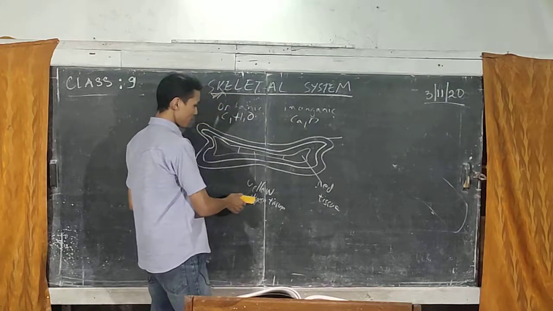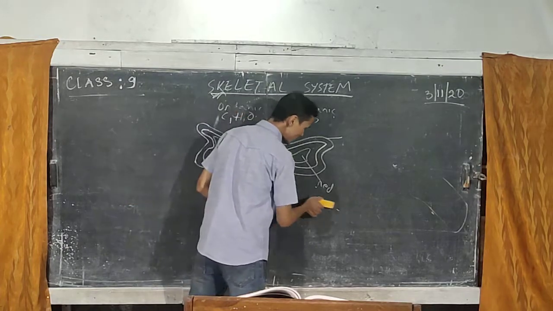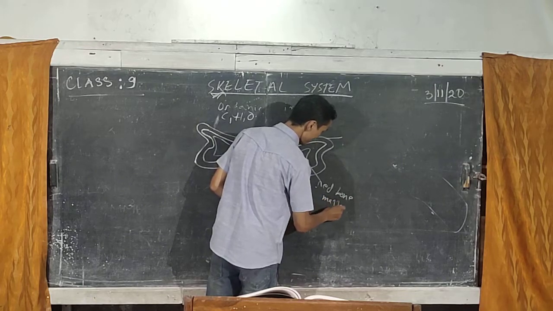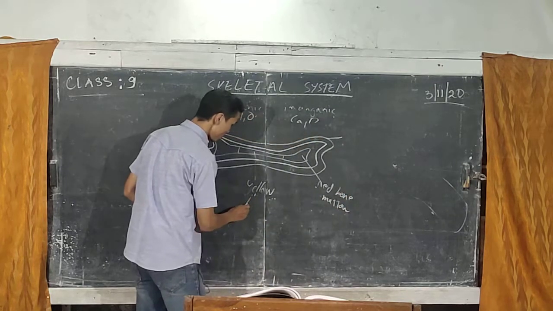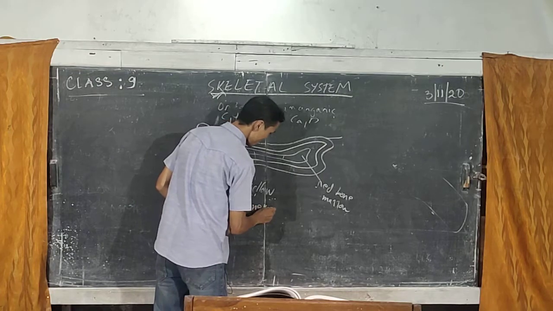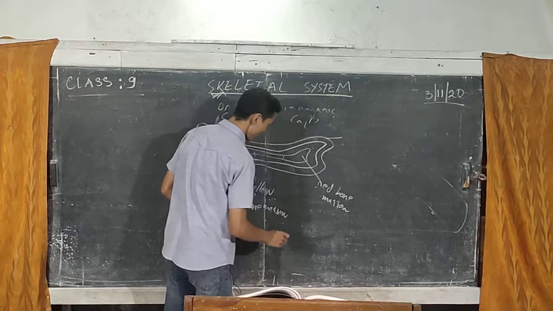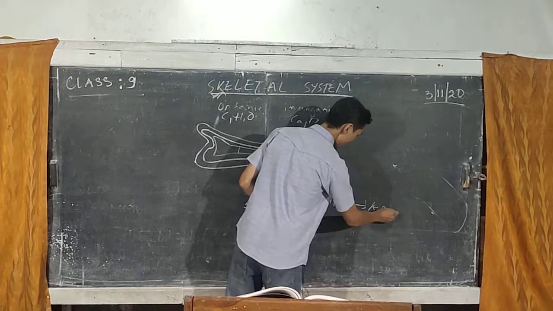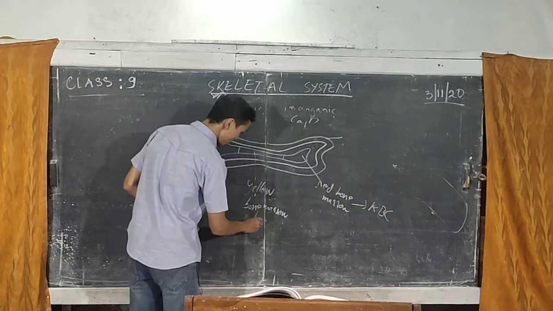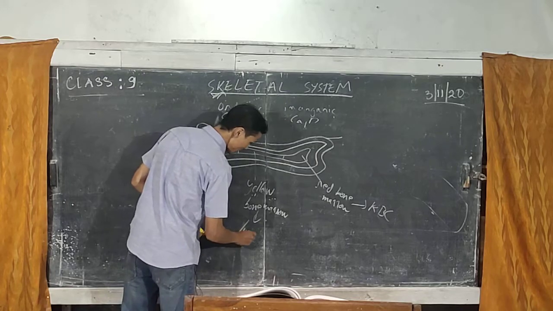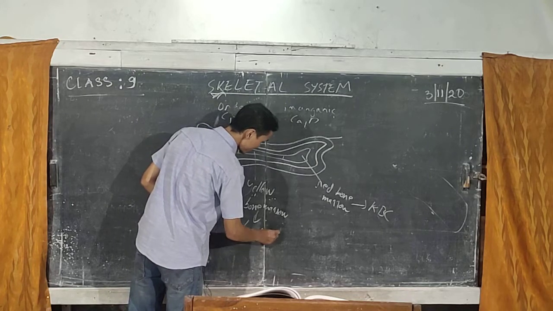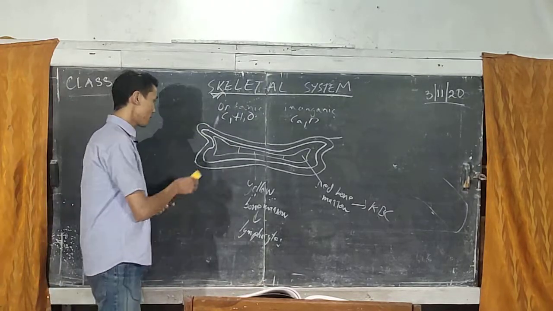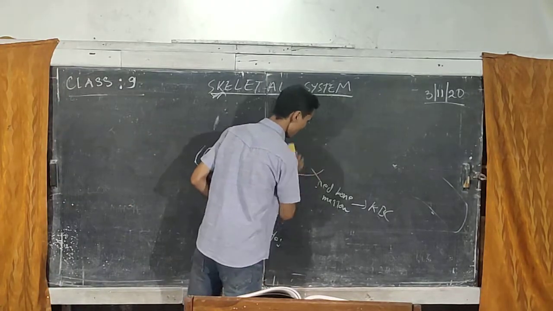These are better known as red bone marrow and yellow bone marrow. Red bone marrow is responsible for the production of RBCs, and yellow bone marrow is responsible for the production of lymphocytes. So this is what the structure of a bone looks like.